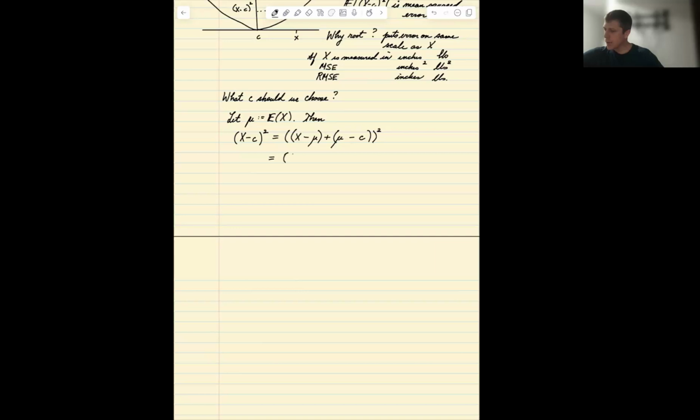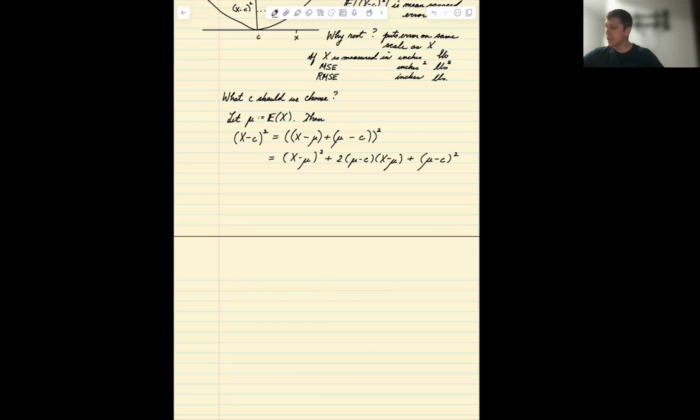What we have is x minus mu squared, plus the cross term, which is 2 times mu minus c times x minus mu, plus mu minus c squared. So this is just another way of writing x minus c squared.